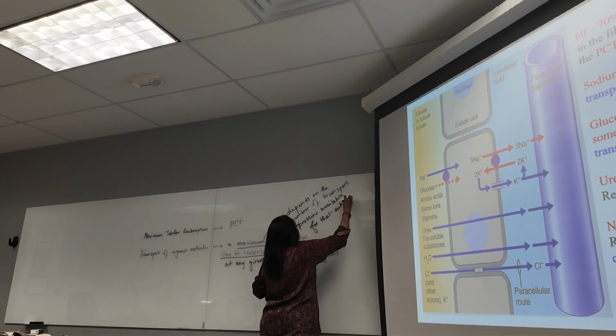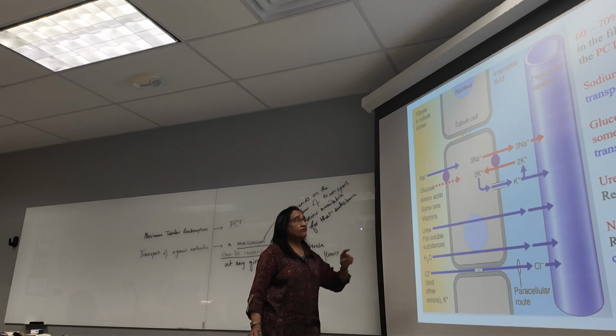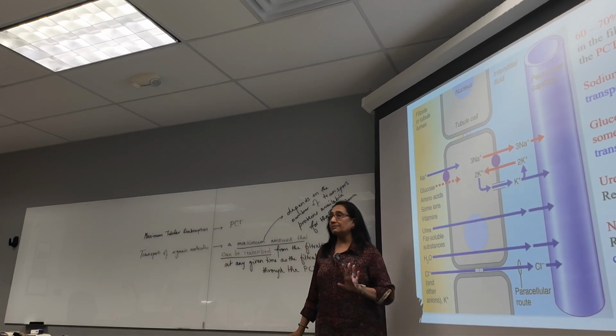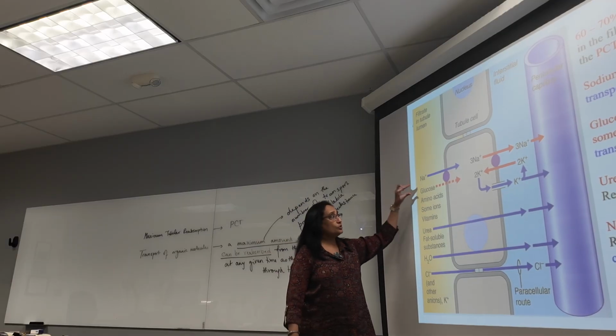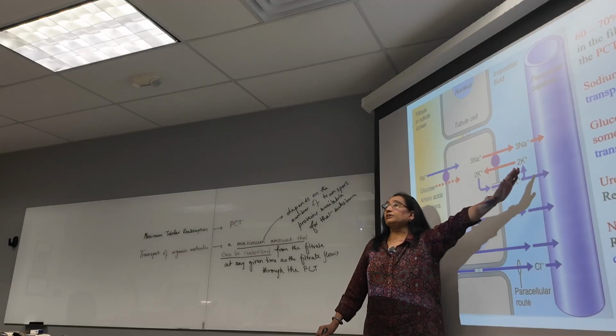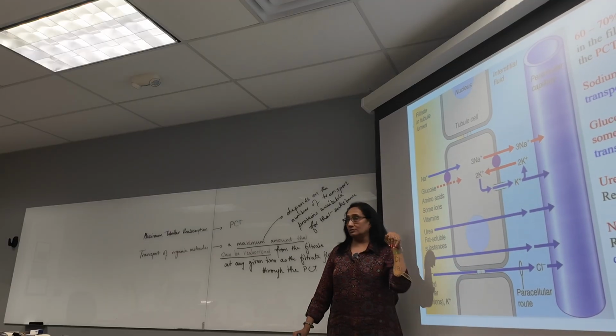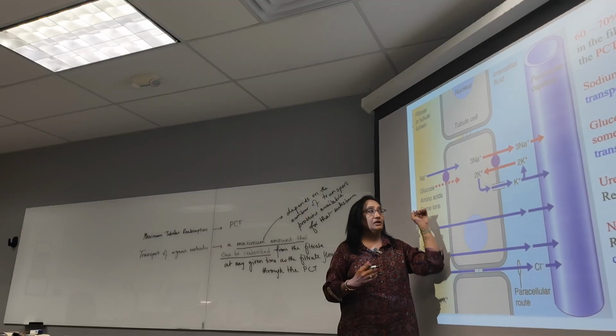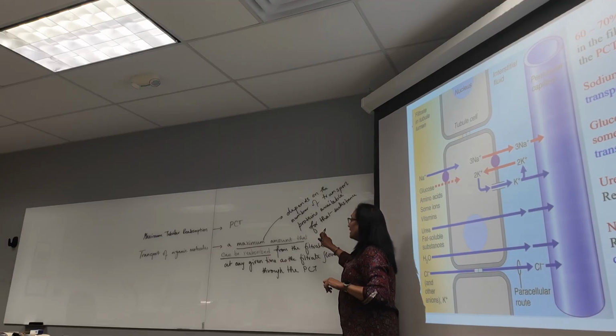So to give you a very crude example, if you have 20 transport proteins for glucose and sodium, at any one time only 20 molecules of glucose will be able to get reabsorbed as the filtrate flows through. So anything more than 20 cannot be reabsorbed. Okay? So that is what this is.